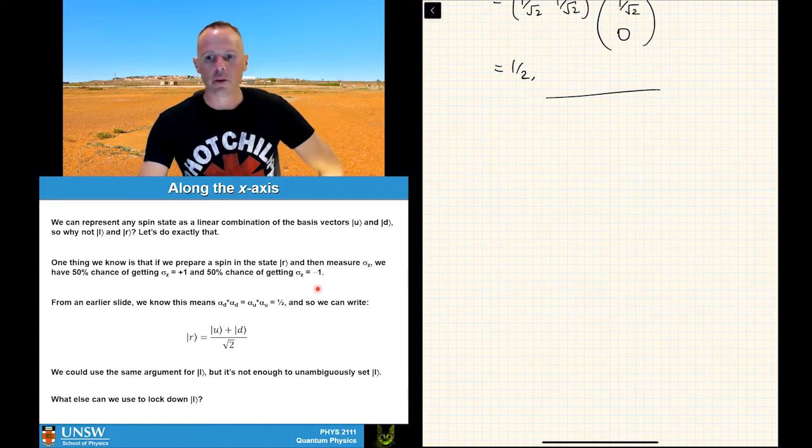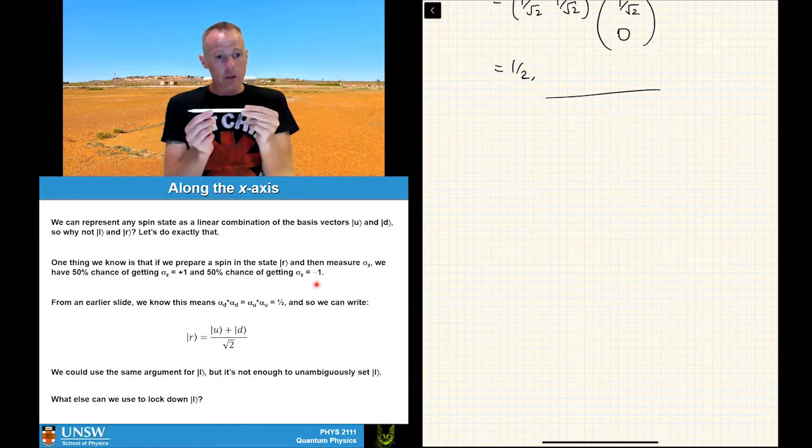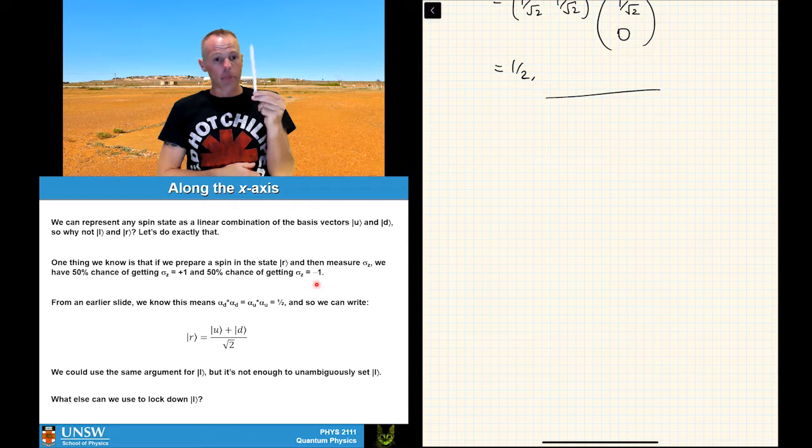So one thing that we know here is that if we prepare a spin pointing to the right, and we saw this in the first lecture, and we measure the projection of the spin along Z, we will get either a 50% chance of it pointing up or a 50% chance of it pointing down, right?